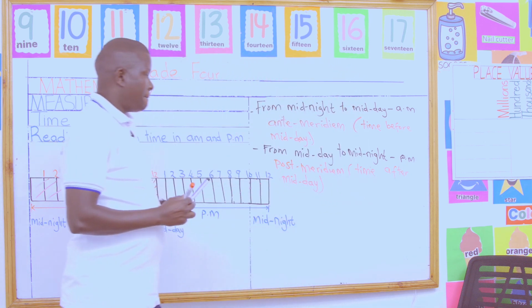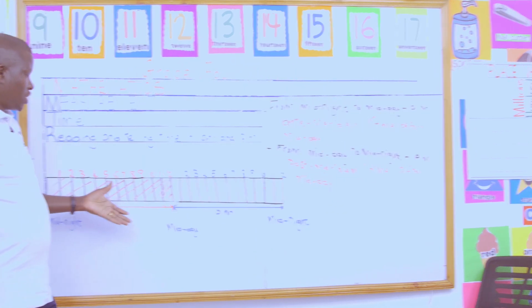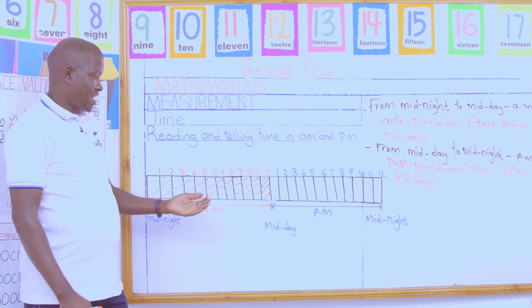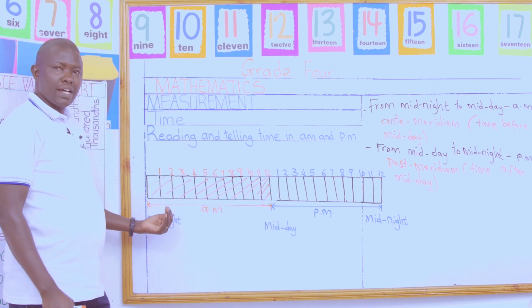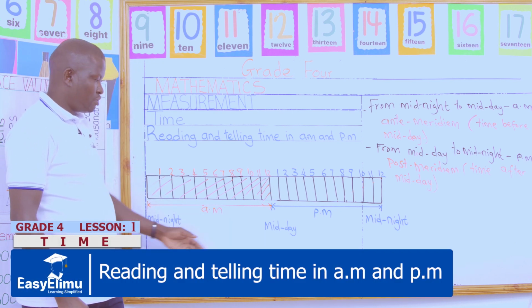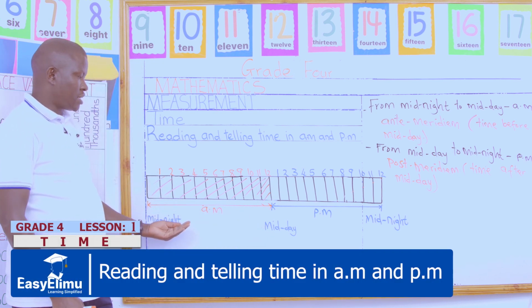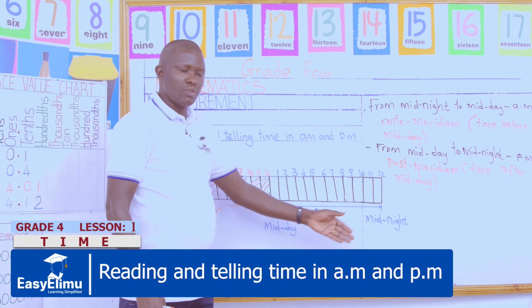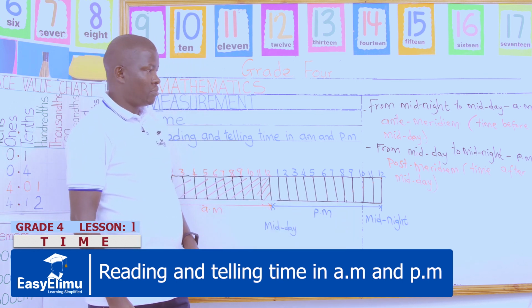We call it post meridian. Now learners, AM, antemeridian, means before midday. After midnight, before midday, we call it AM, antemeridian, and after midday to midnight, we call it post meridian.